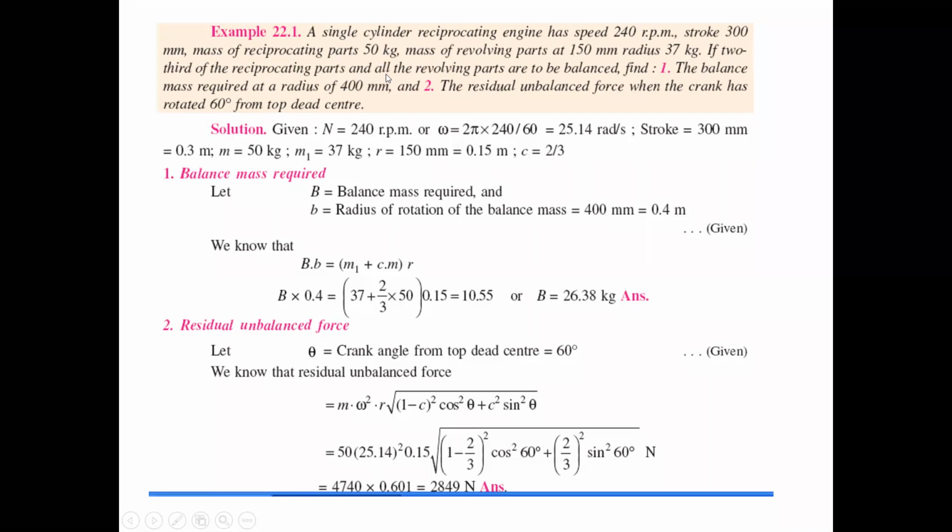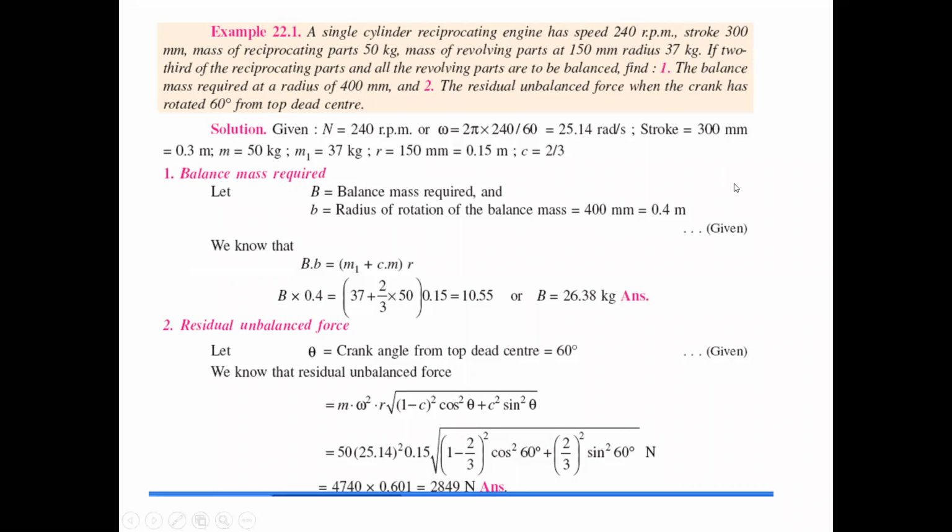If two-thirds of the reciprocating parts and all the revolving parts are to be balanced, find the balance mass required at the radius of 400 mm. The second one, the residual unbalanced force when the crank has rotated 60 degrees from TDC, top dead center. The angle will be given as 60 degrees.